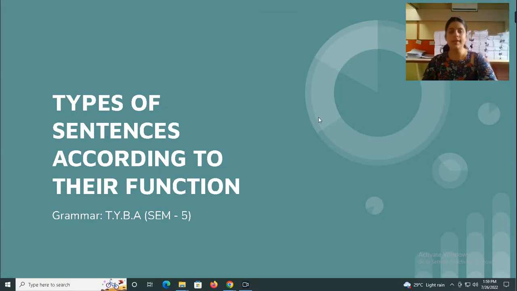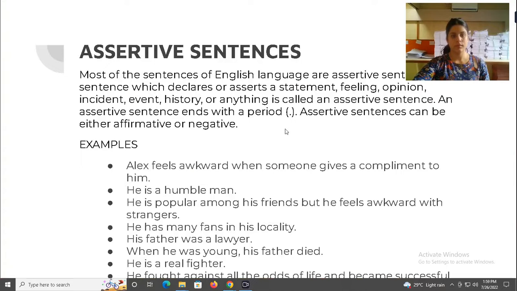Okay, so the first sentences we are going to read are assertive sentences.